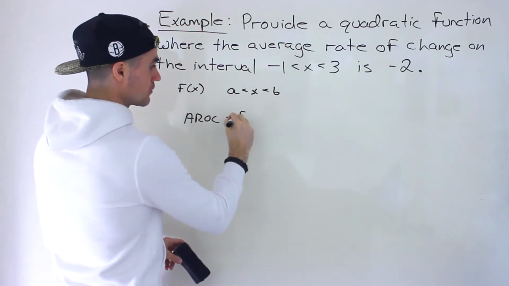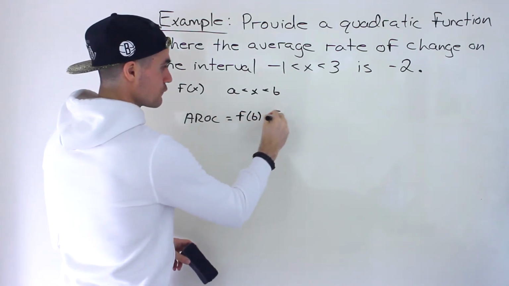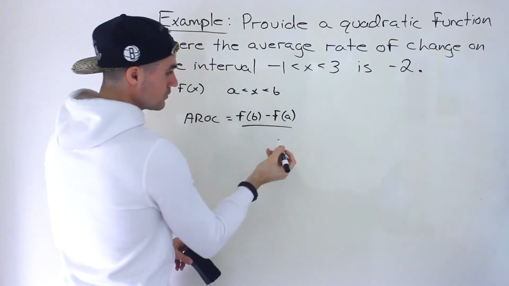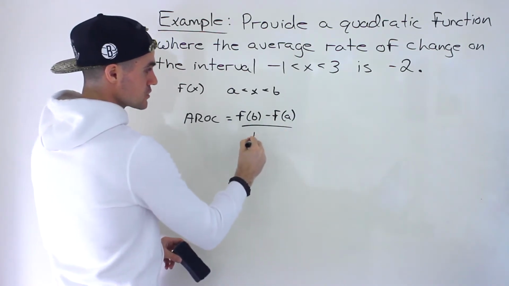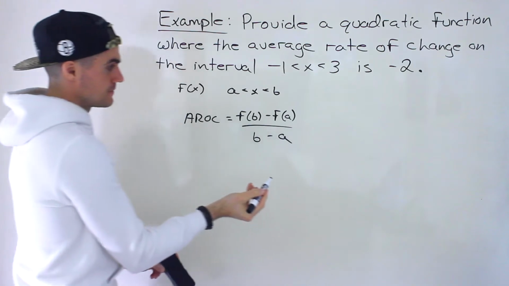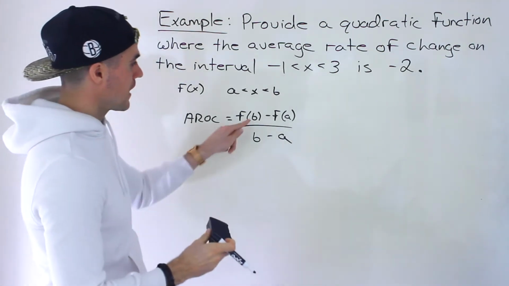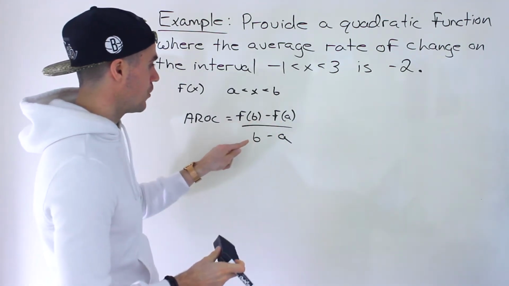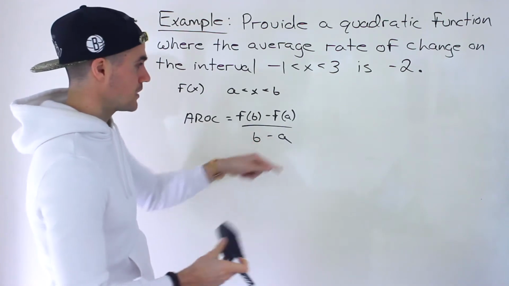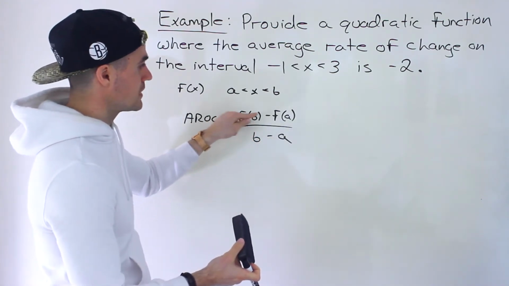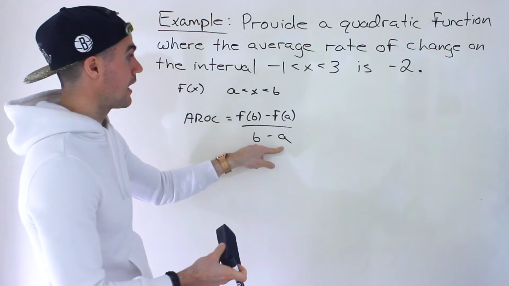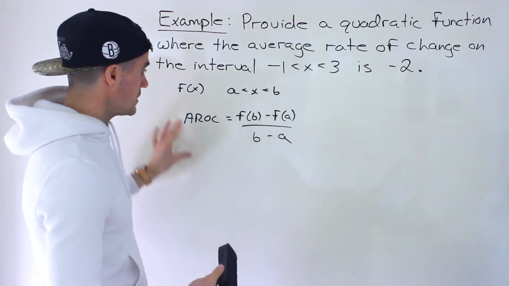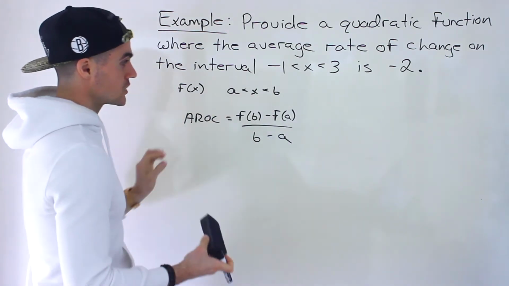So we can rewrite this as f of b minus f of a over the difference in the x values. So we'll have b minus a. You can also do f of a minus f of b over a minus b, right? Same thing. Just make sure that the b and the a are in line over here. So that's just in general the average rate of change formula.